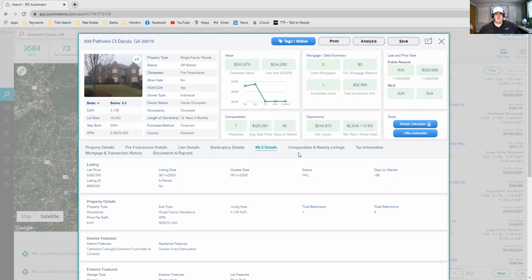It's going to have any MLS information, if it's listed. Looks like it was listed for $300,000, and it still hasn't sold. Oh, it failed on the market. Well, estimated value.